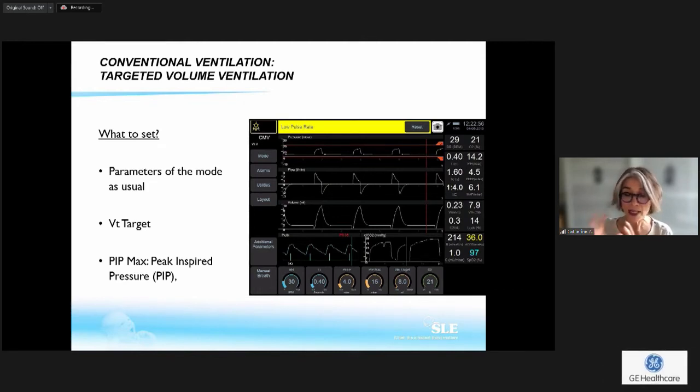So it will maybe increase your PIP a little bit, see that it doesn't reach the tidal volume yet, so next time it will increase your PIP again a little bit. So the ventilator is doing what you do at the bedside by adjusting the PIP to deliver the tidal volume that you want. And what we want is the exhaled tidal volume, which is equivalent to your targeted tidal volume.